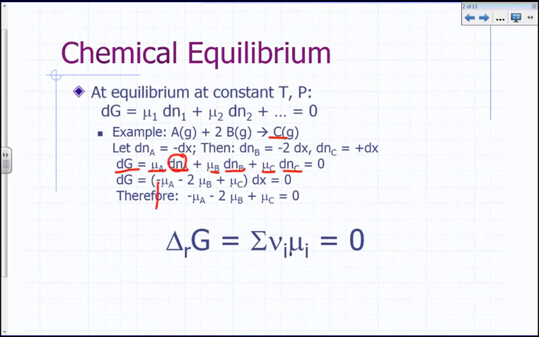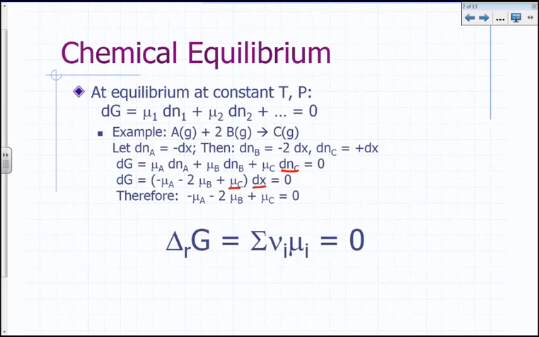I factored out the dx. The change in moles of B would be negative 2 times dx, and finally the change in the moles of C, dN of C, would just be dx.